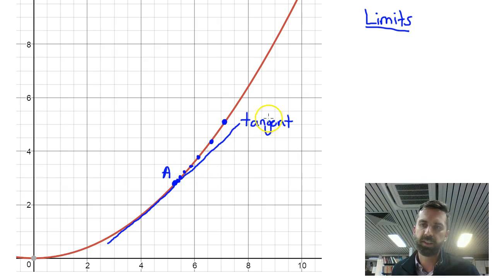The idea with a limit is we ask what happens as we make that distance smaller and smaller, and the distance approaches zero? That's what we're talking about with limits. To make sense of this, I'm going to look at the limits of some basic functions first, and then in the next video we're going to apply that to the gradient of a tangent.